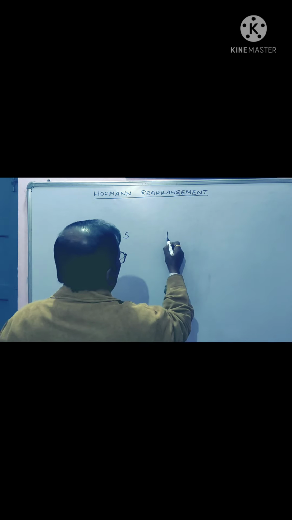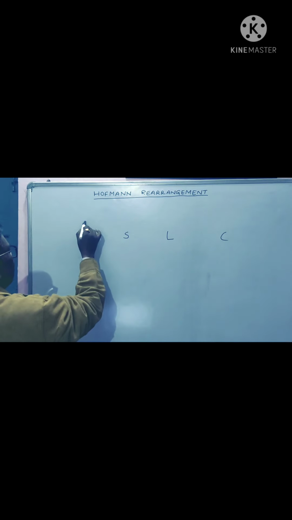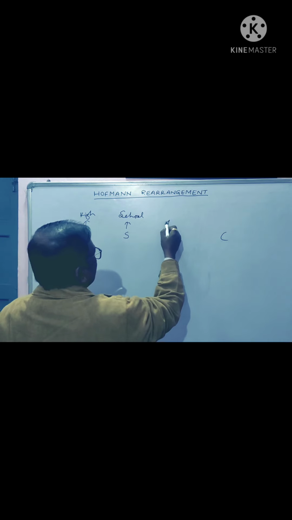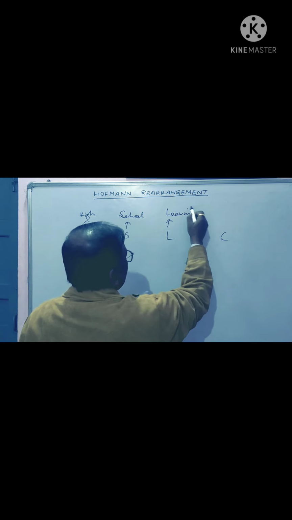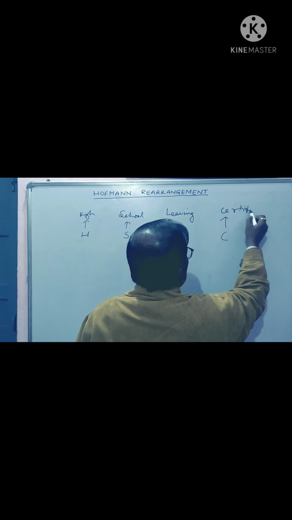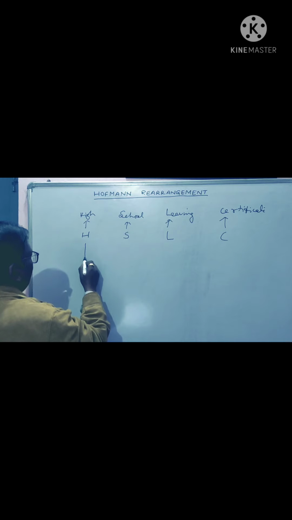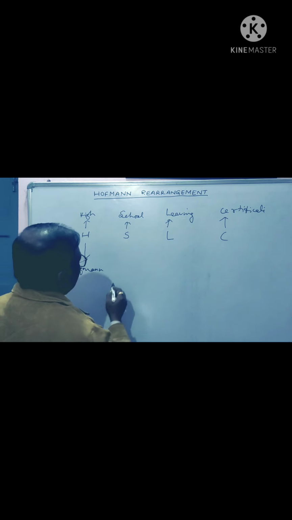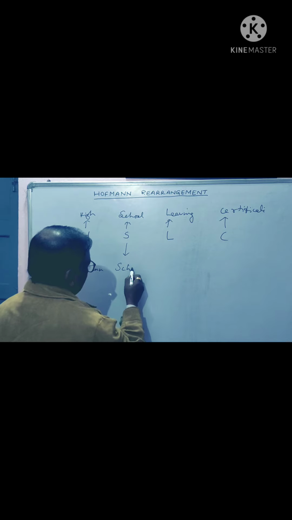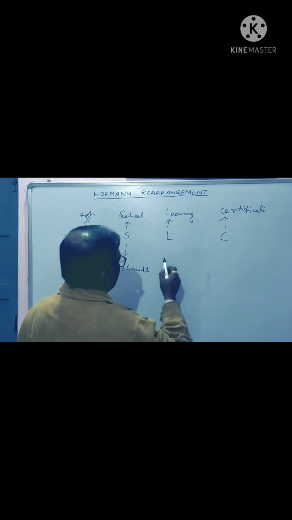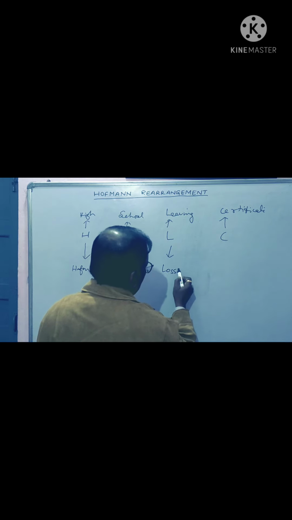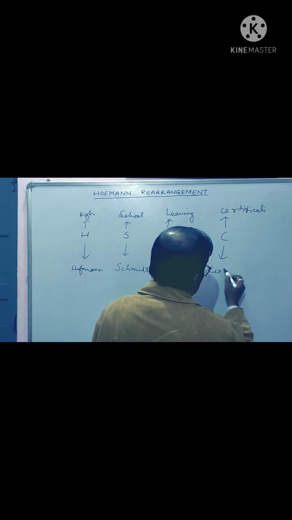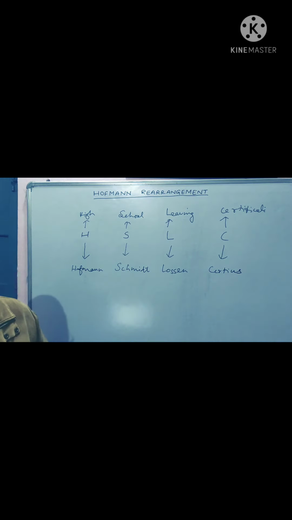High School Living Certificate. H stands for Hofmann rearrangement, S stands for Schmidt rearrangement, L stands for Lossen rearrangement, C stands for Curtius rearrangement.